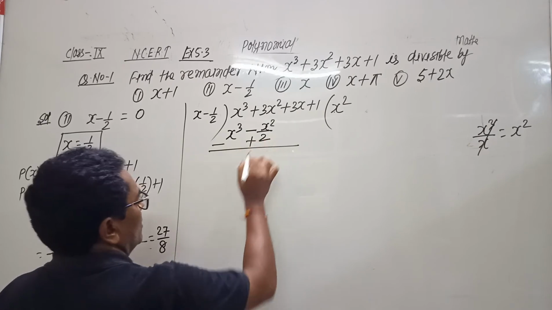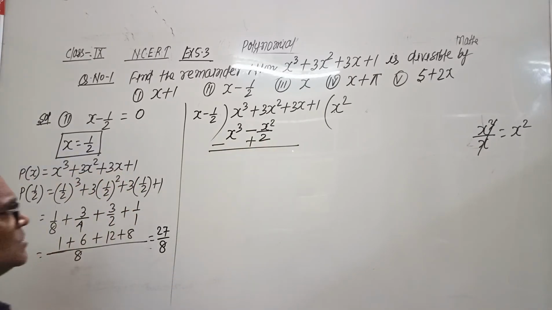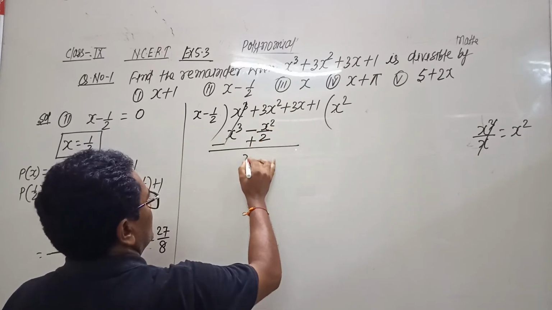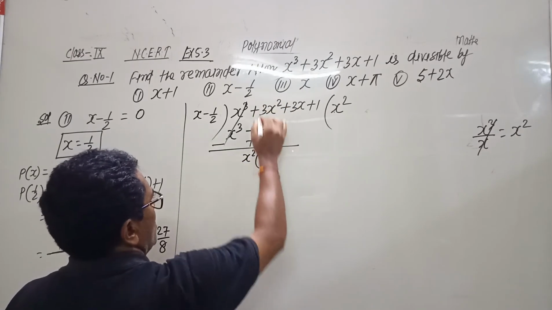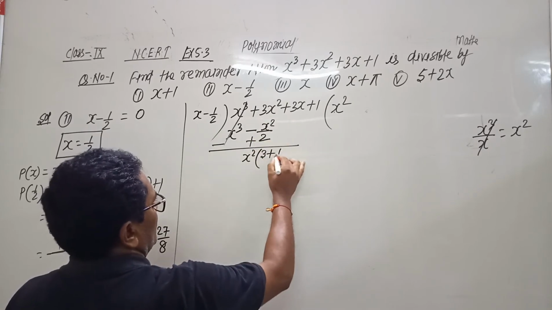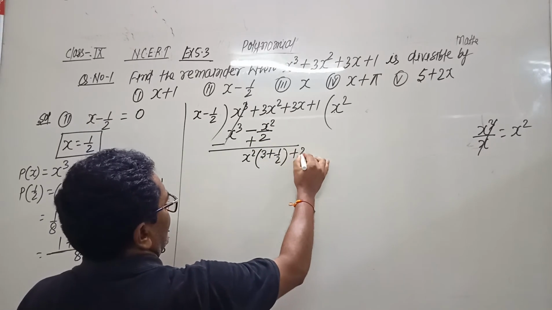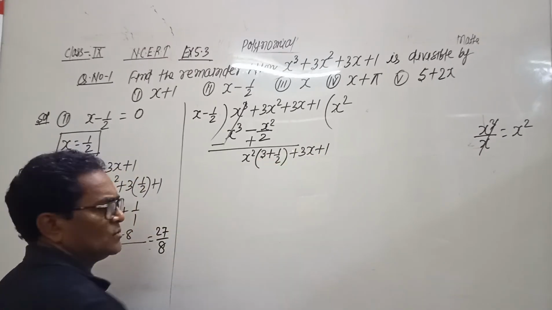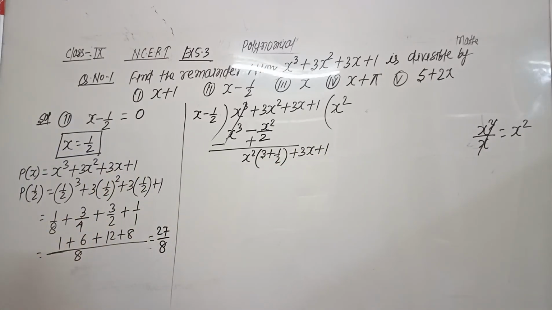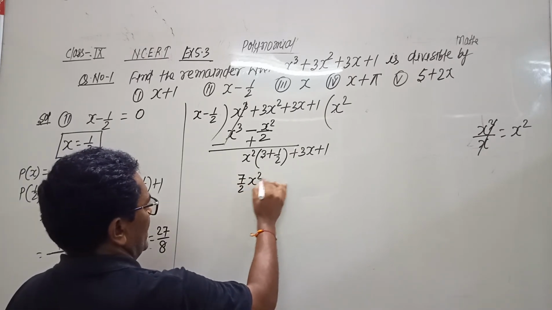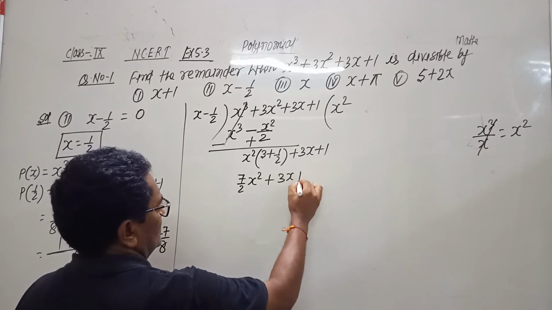Change the sign. So x cube and x cube cancelled. From both the terms, x square is taken common. So we get 3 plus 1 by 2 and then plus 3x and plus 1. So we get 3 into 2, 6 plus 1, 7 by 2x square plus 3x plus 1.